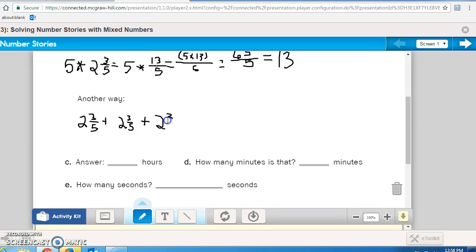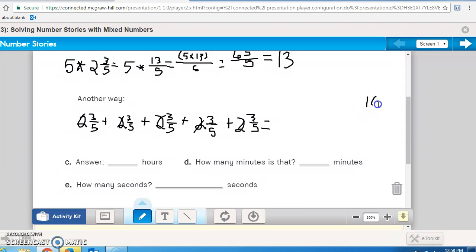And I'm showing my work because I expect to see this on your page when you bring it up for the assessment check-in. I want to make sure that you followed my directions for number 1, and then I want to make sure that you actually took the time to figure it out. So if I add them together, I get 2, 4, 6, 8, 10.